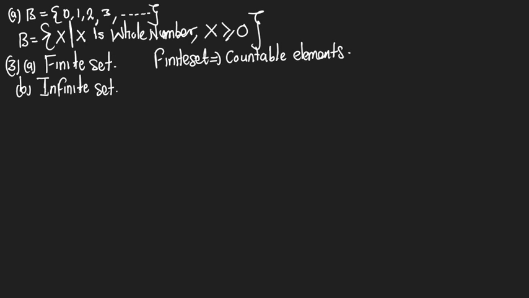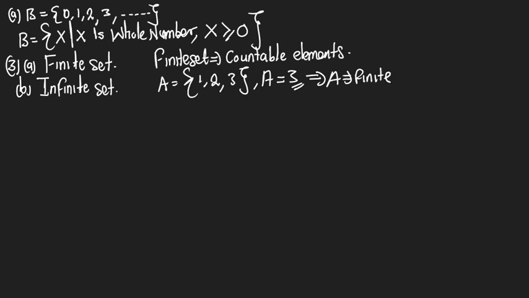So in this case, if A is a set and it contains 1, 2, 3, then we say that A contains 3 members. These are countable. Hence, we say that A is finite.